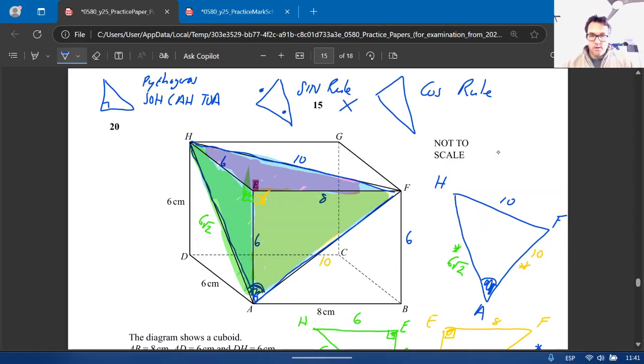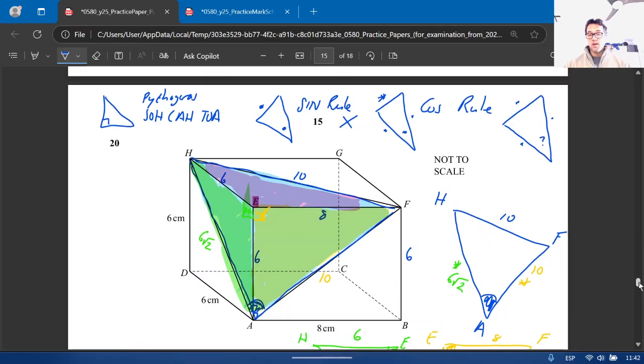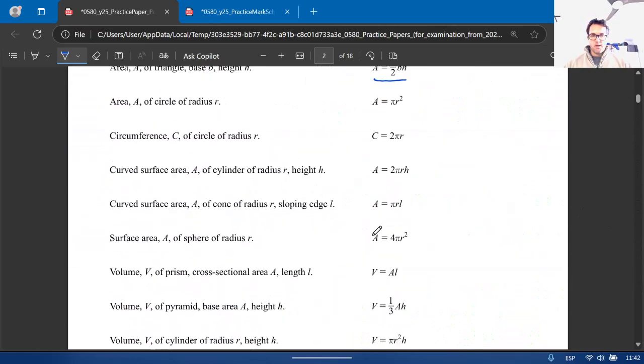Cos rule is two things, right? Either you have two sides and the included angle, then we can work out the opposite side. We don't have any angles, but we can also use the cos rule when we have three sides and we want to know an angle. Okay, so where's the cos rule? It's up here.